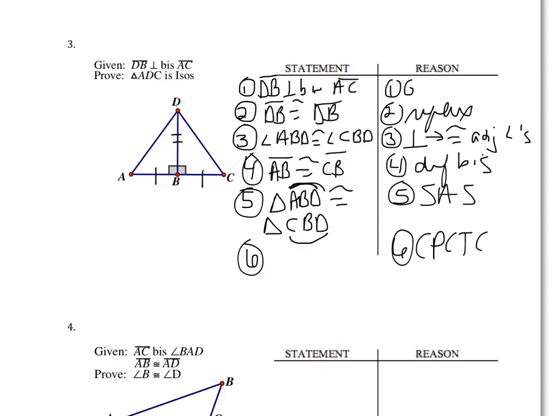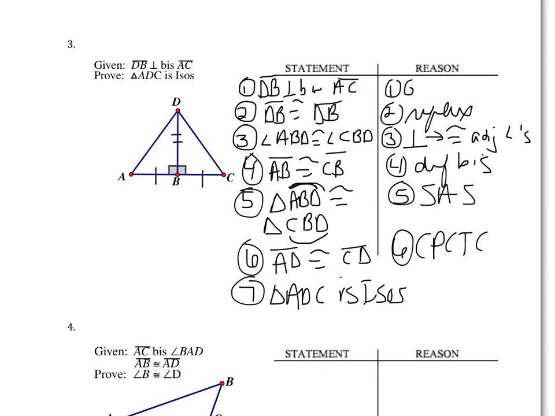Well, I just proved that the triangles are congruent. So I can conclude that AD is congruent to CD because of CPCTC. But I haven't actually stated the proven statement. I have not stated that triangle ADC is isosceles. So I need to state that. I need to end with that statement, and that's just simply definition of isosceles.